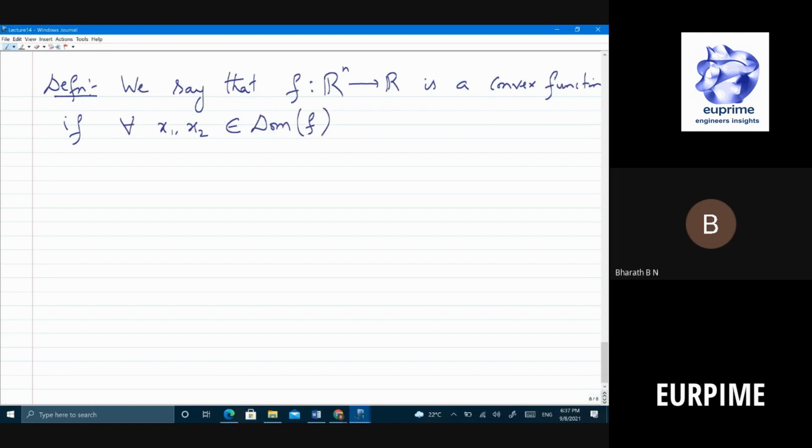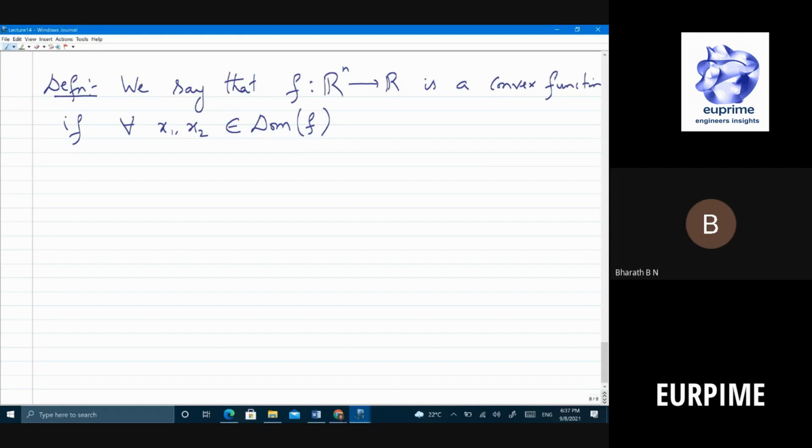If I want to avoid this, what should I do? I'll redefine my function in such a way that my new function is equal to the old function in the domain. Otherwise, it's infinity. Okay, I can do a lot of such things, but right now I'll write it as is.